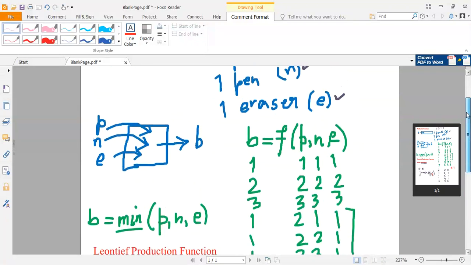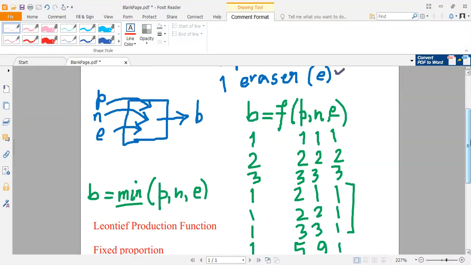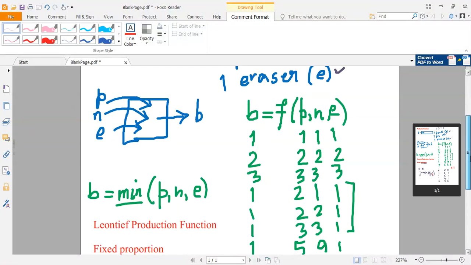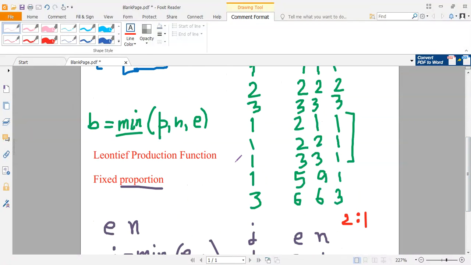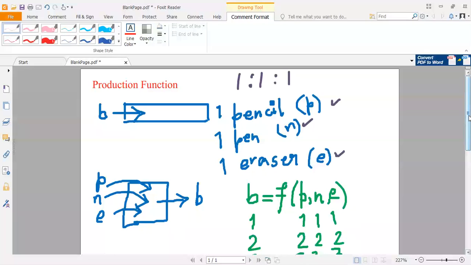Why? Because I cannot have one pencil and one pen without an eraser. So these are complements, right? We need to use one with the other. So these are also called perfect complement production functions. Though perfect complements is most often used in consumer theory, even in production theory, it's still used. So essentially, this is a Leontief production function, fixed proportion production function, and it's one type of production function.